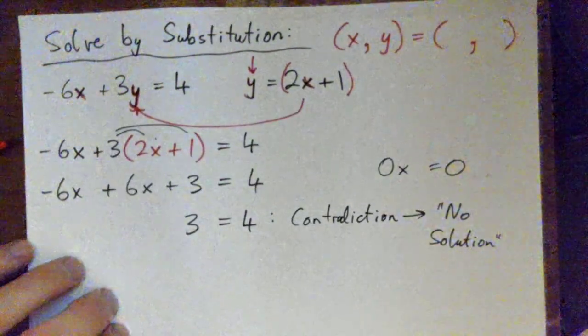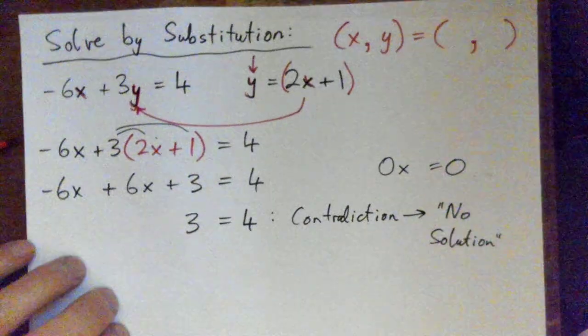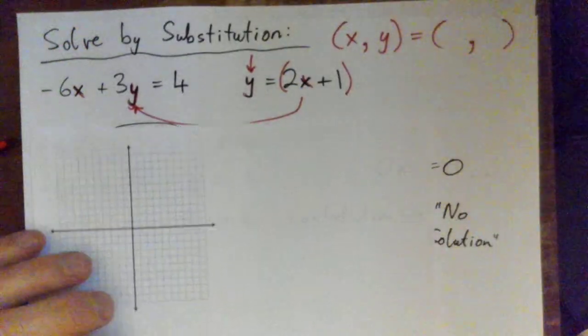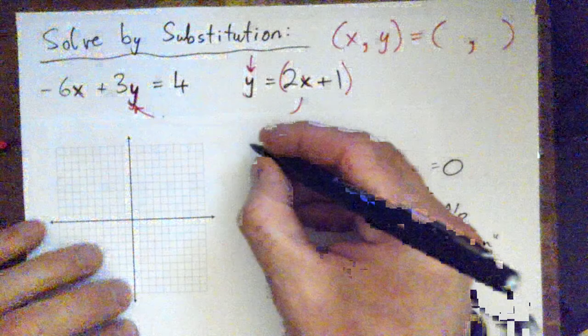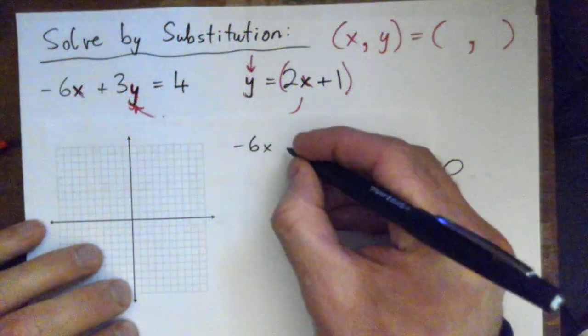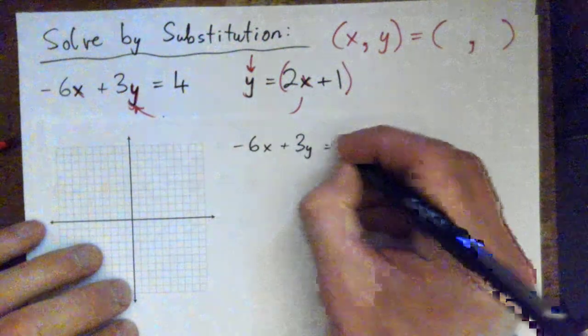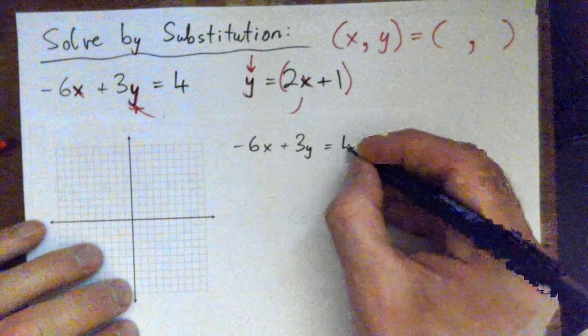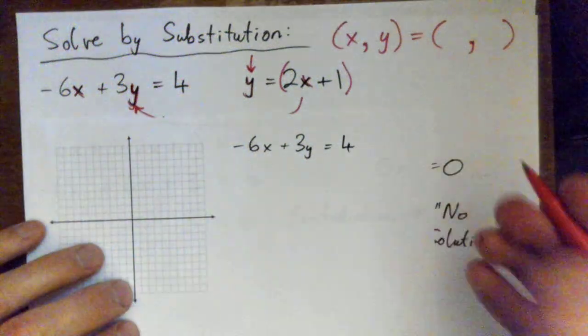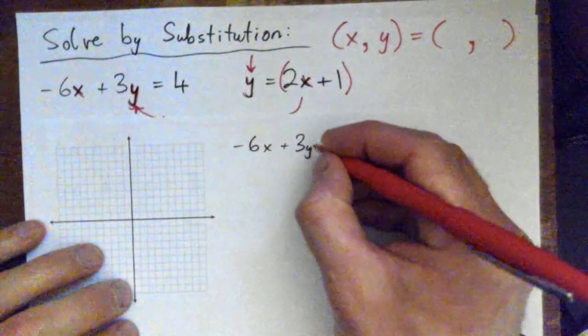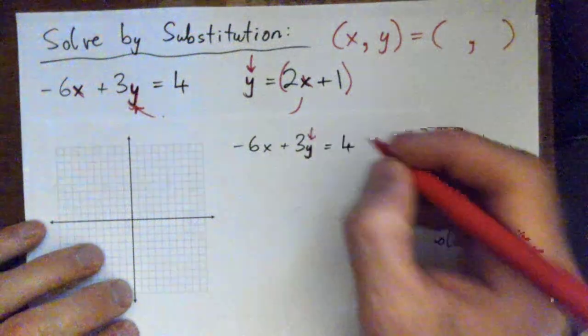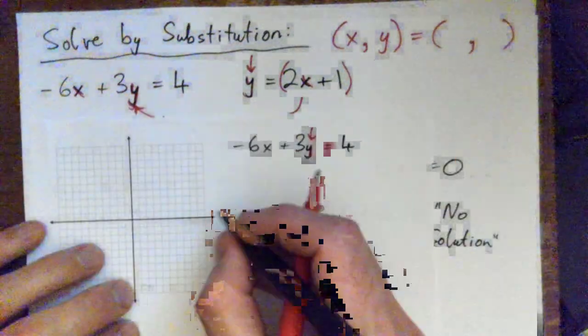Let's, for fun, take this equation, negative 6x plus 3y equals 4, and graph that. So we're going to solve that for y, and then I'm going to graph that on this xy plane, right?